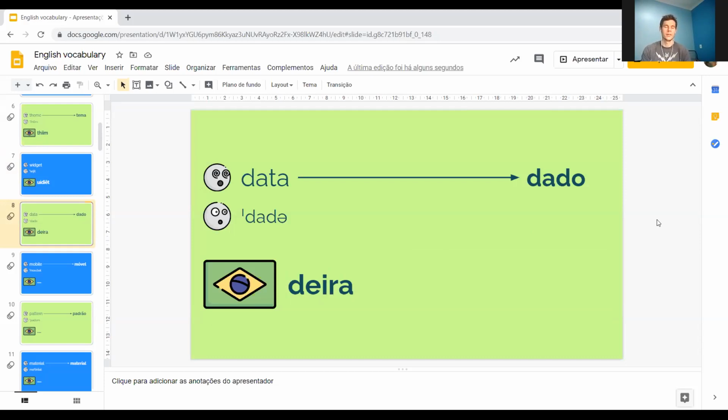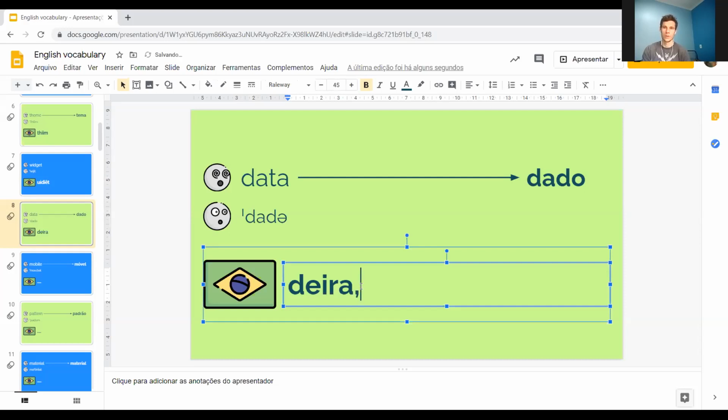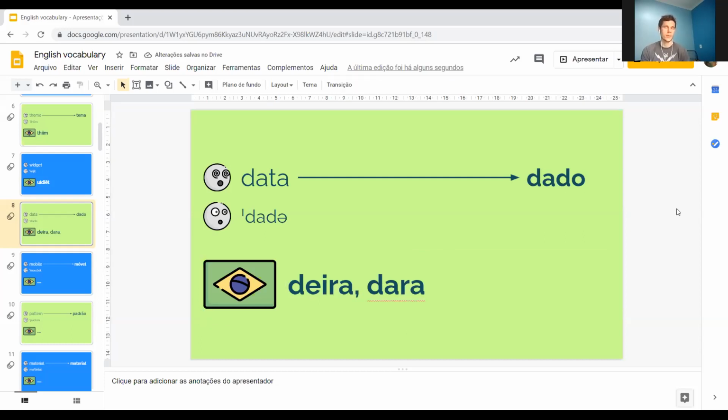The other one would be data. Could you say it slowly? Have you heard this? I don't think so. It's also common. In my experience, data is more common in the United States, but I have also heard the other one.